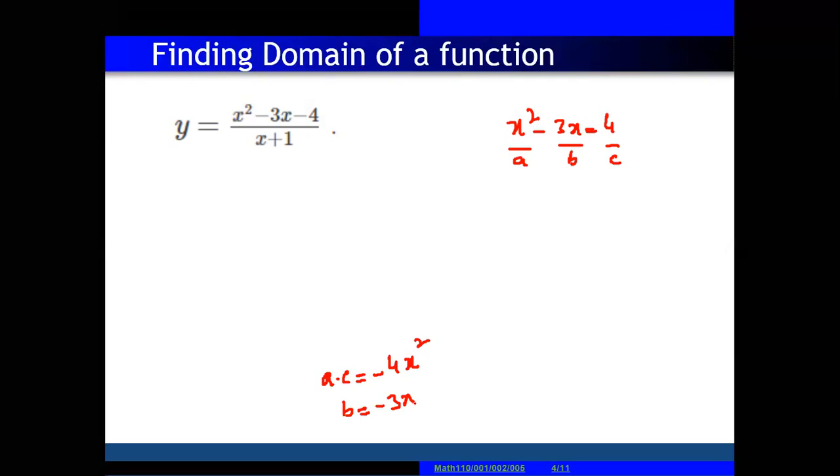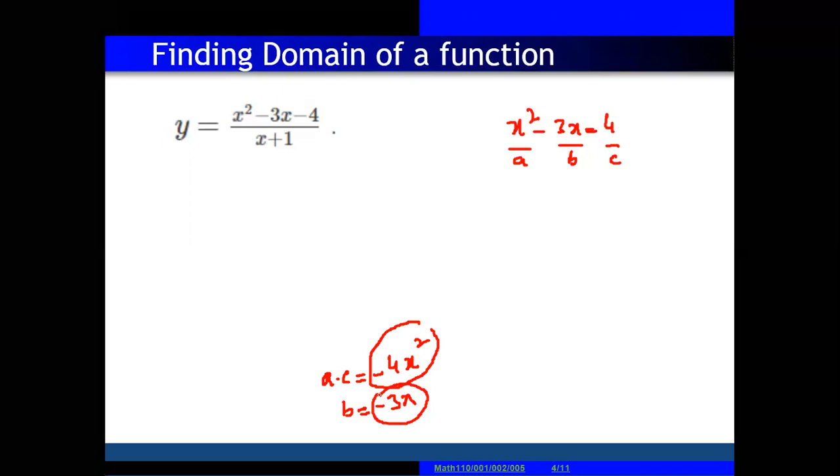Now for factorization we need two numbers. When you multiply, they equal minus 4x square. When you add these, they equal minus 3x. Two numbers, their multiplication is minus 4 but their addition is minus 3.